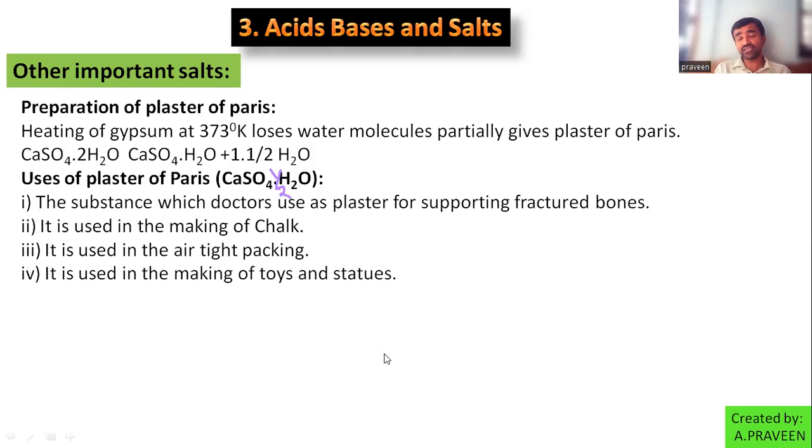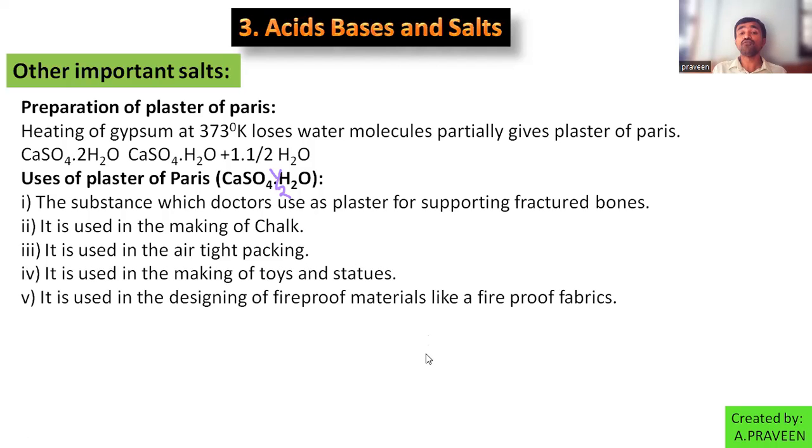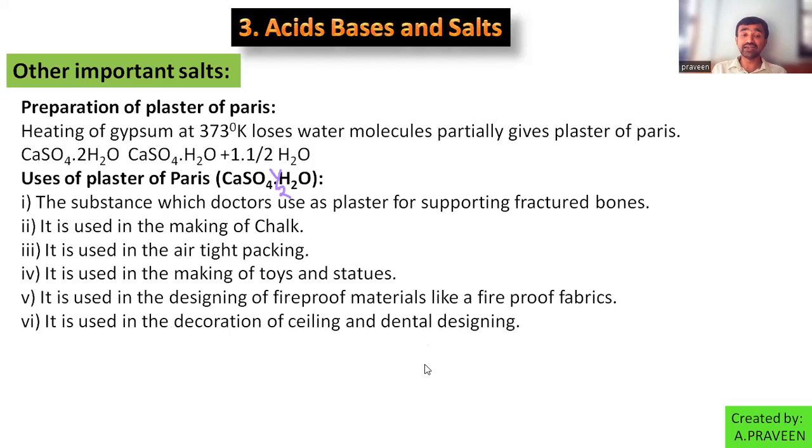In many ways we use it in the production of toys and statues, designing fireproof materials, fireproof fabrics, and decoration of floors, ceilings and walls. The wall putty you apply on walls is only gypsum, plaster of Paris, added with water and dried, then you get a hard substance, right?